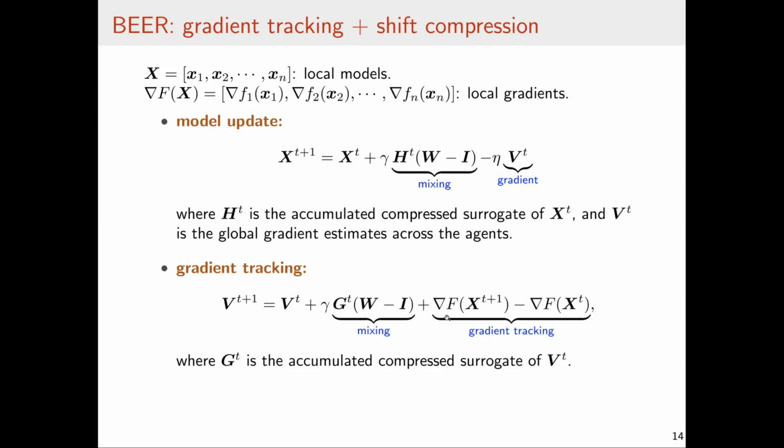And beyond this, we also need to include this very important gradient tracking term that helps us to really address the data heterogeneity issues. The last component is how we update and track these compressed surrogates. This is done by using the shift compression scheme we mentioned earlier. So altogether, this BEER algorithm embeds ideas of shift compression and gradient tracking in order to solve this kind of decentralized non-convex optimization problem.